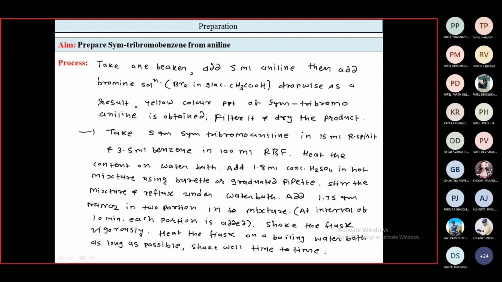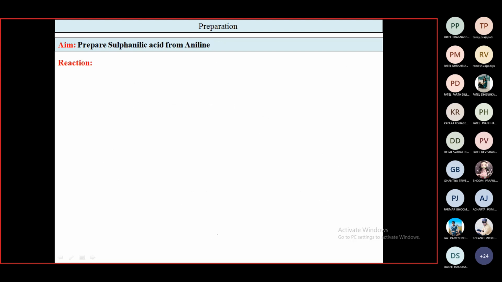A mixture of symmetrical tribromobenzene and sodium sulfate byproduct.